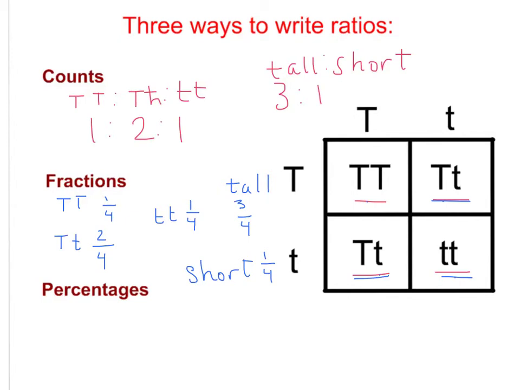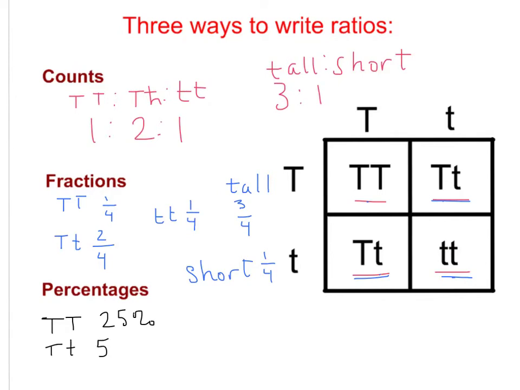Another way we can do this would be percentages. Just looking at this square, there are four. Everything's 1/4, which is the same as 25%. If you type that into your calculator, 1 divided by 4 gives you 0.25. Multiply that by 100 to get your percent. And you get homozygous dominant, 25%.